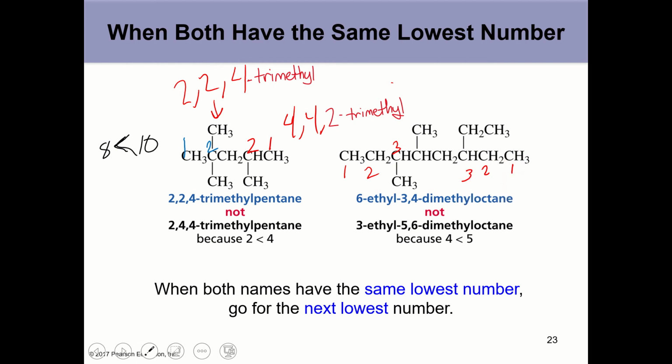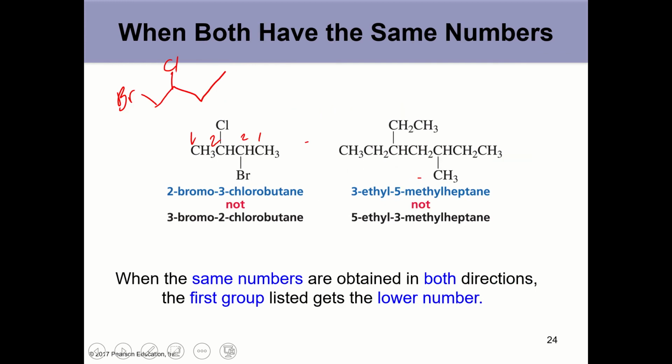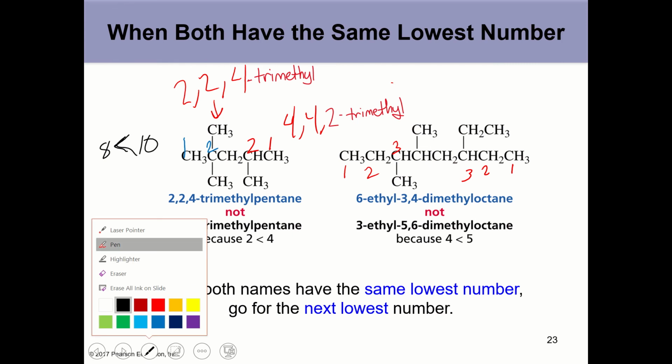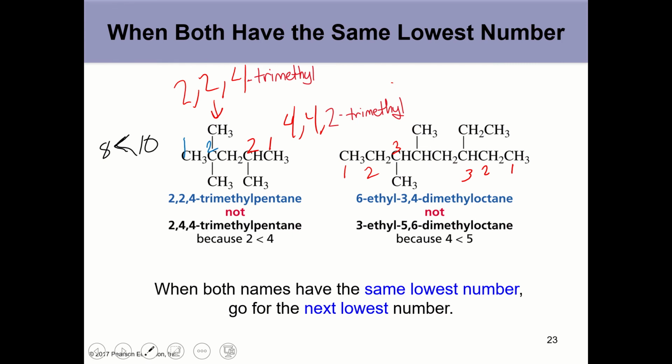If we number from right to left, however, the second branch is at carbon 5, whereas numbering from left to right, the second branch is at carbon 4.